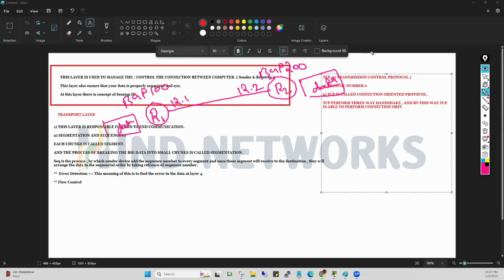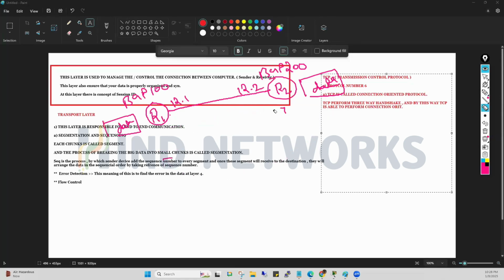Either you are configuring EIGRP, OSPF, or BGP, after configuring the routing protocol, both devices will become neighbors. And once both devices become neighbors, they start exchanging the complete data with each other. It means, first of all, R1 and R2 will become neighbors, and after that, R1 will share its data with R2 and R2 will share its data with R1. Getting my point, everyone? Yes or no?